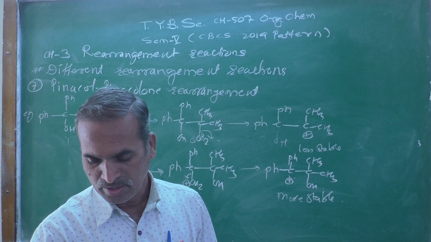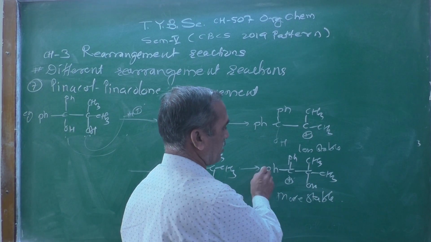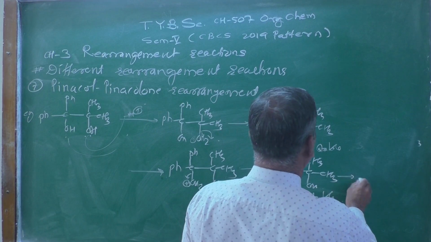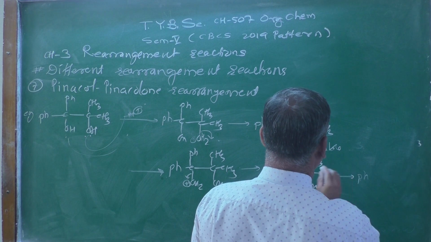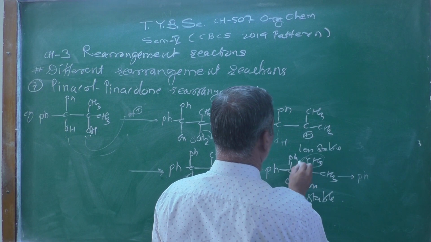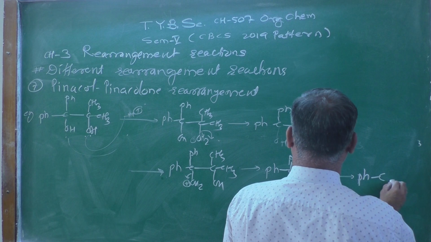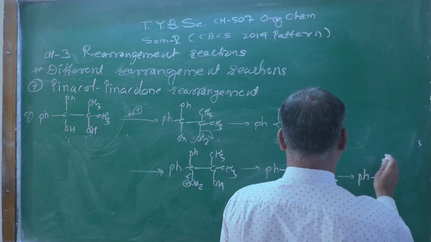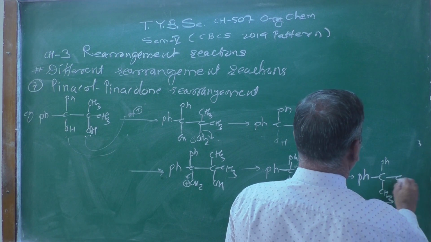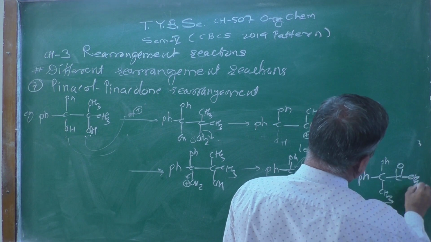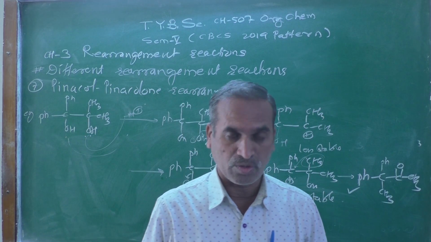Therefore the product obtained is through migration: this methyl group is shifted from here to here, and you will be getting Ph, Ph, CH3, C double bond O, CH3. It is a more stable compound that we got over here.